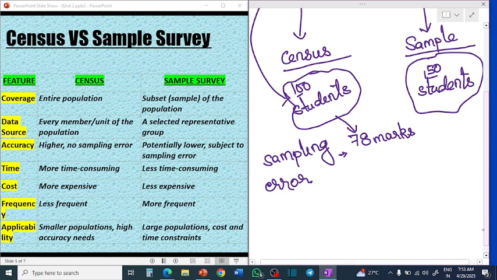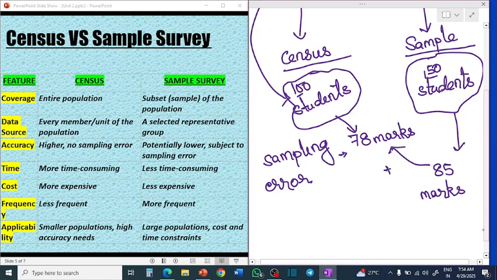Now suppose I have taken 50 students as a sample, and these 50 students are very good in mathematics. Now my sample average comes to 85 marks. So as you can see, my real result should have been 78 marks, but instead I have got 85 marks.